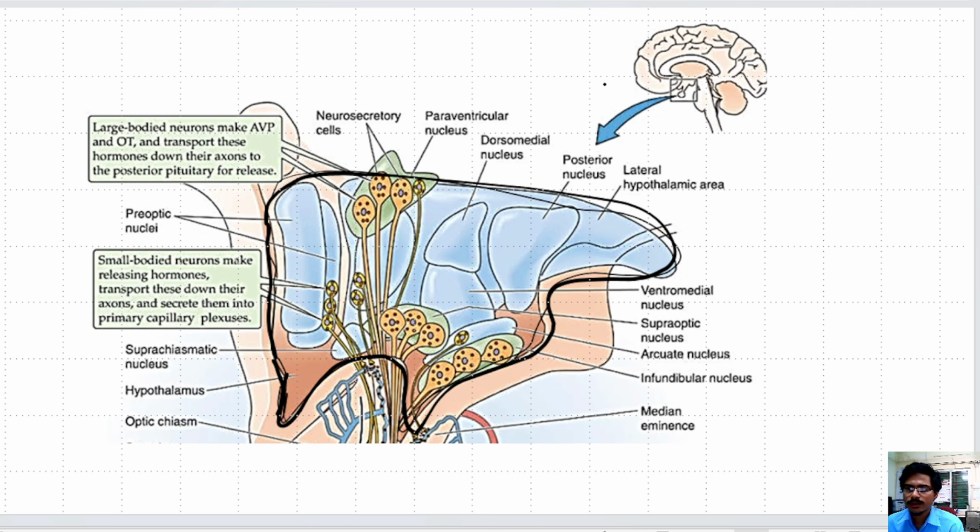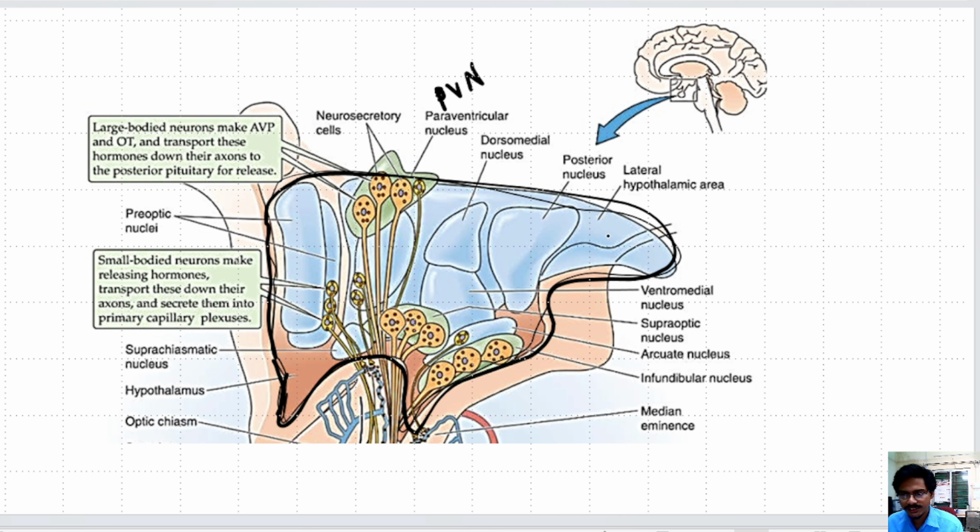You can see cell types like neurosecretory cells and the paraventricular cells. The paraventricular nucleus we easily know as PVN. This is the PVN, and then the dorsomedial nucleus, posterior nucleus, lateral hypothalamic region.